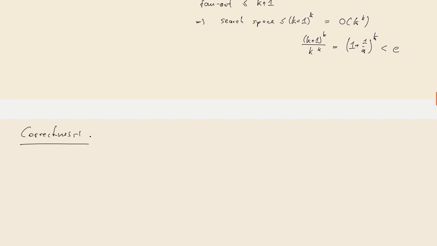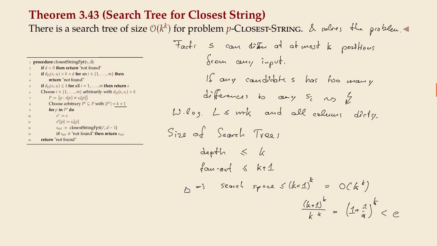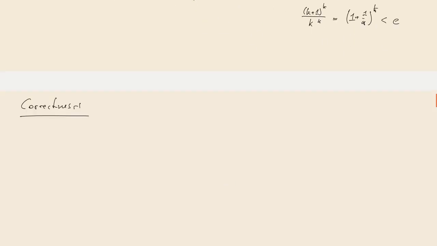It's clear whenever we find a string that we return, this is a correct solution, because we only return a string initially from this part and we don't change it afterwards. And there we explicitly check that it's a solution. So this is easy. If we return something, then it's also a consensus.